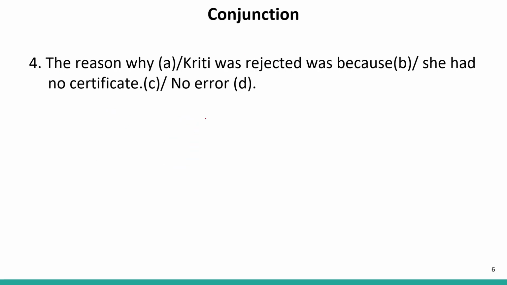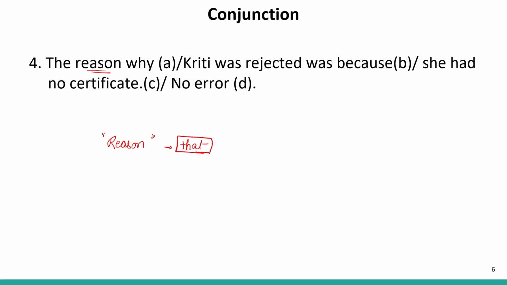Now let us move to the next question. The reason why Kriti was rejected was because she had no certificate. Now in this sentence, we can see the word reason. I told you that if the sentence contains the word reason, we use the word that to pair it.